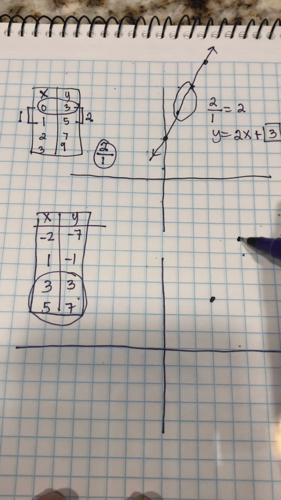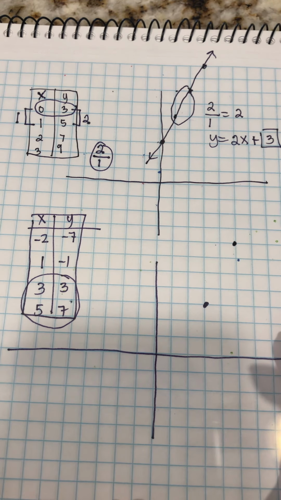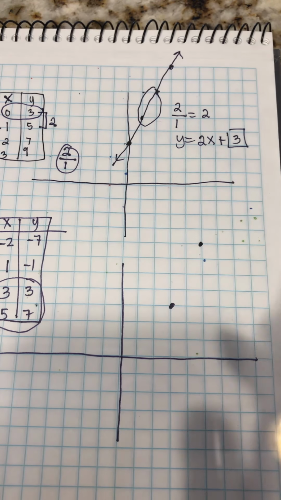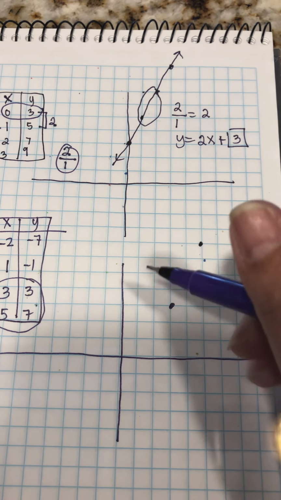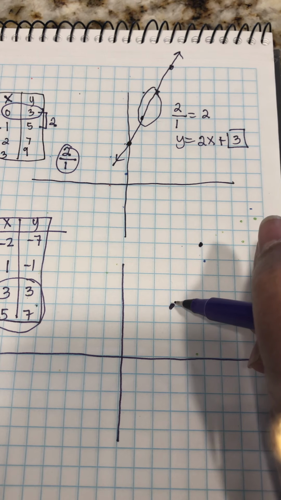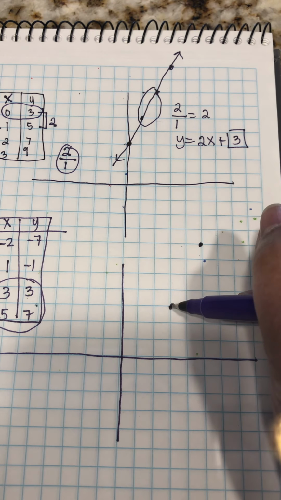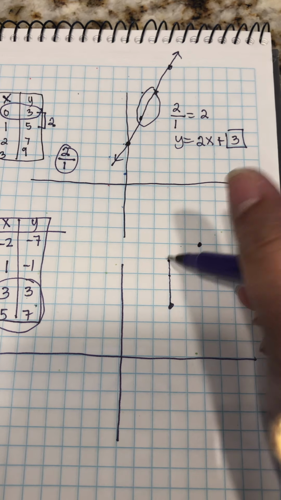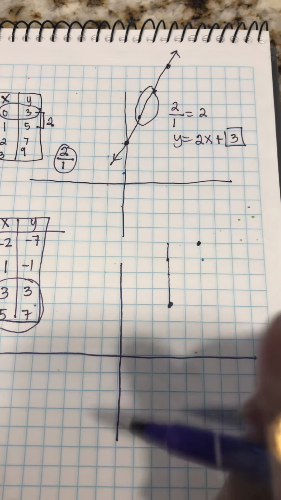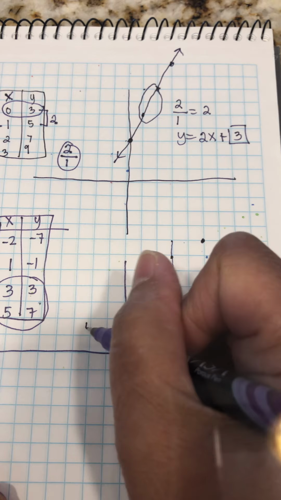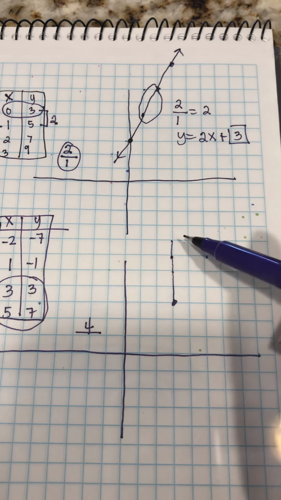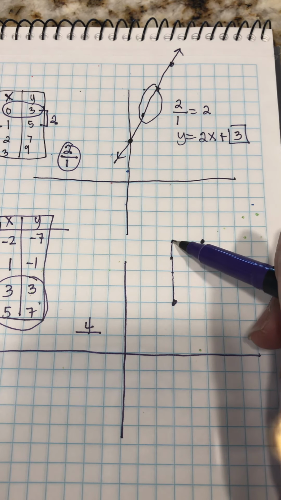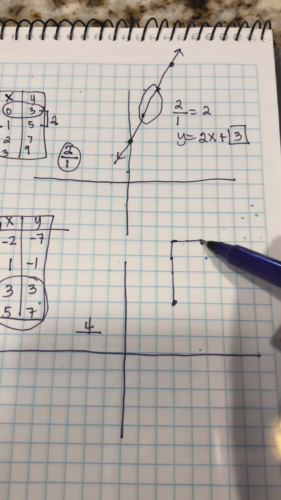All right, so now we are looking between these 2 points here. So now how many steps did it go up? It goes up by 1, 2, 3, 4. So it's going up by 4 divided by how many steps did it go across? 1, 2.